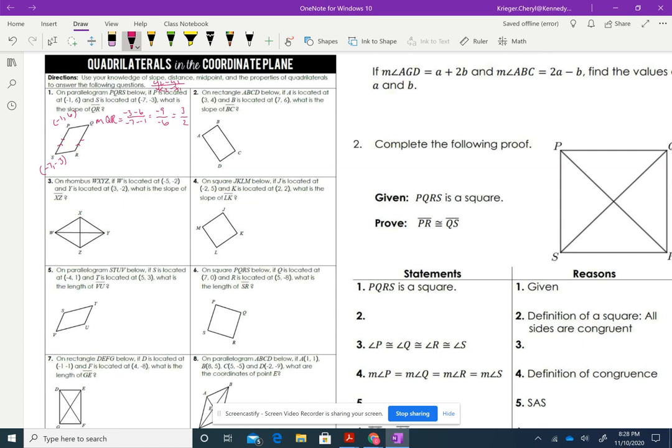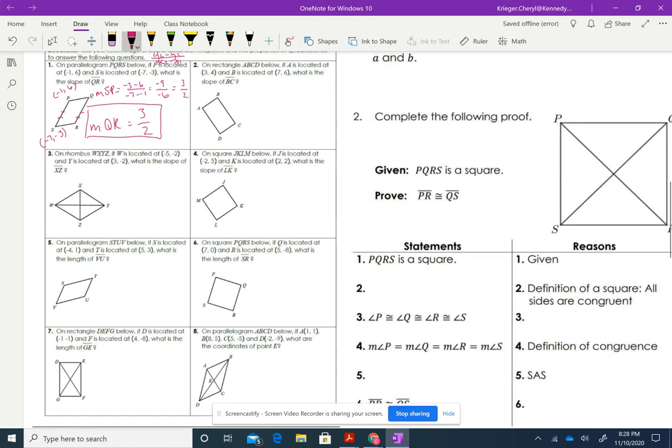So positive 3 halves. Okay, so if QR, sorry, this was supposed to say SP. The slope of SP is 3/2. So because they're parallel, the slope of QR is also 3/2. Okay, so that's the answer to number 1. Let's try number 2. Okay, you guys do number 2. We're going to do number 3.